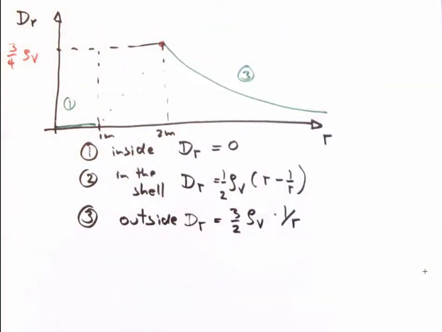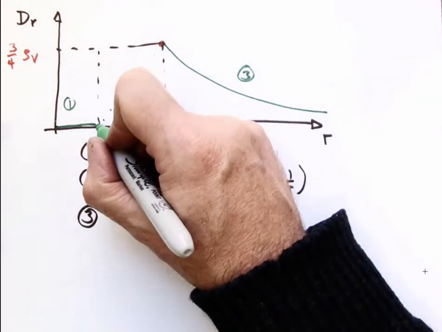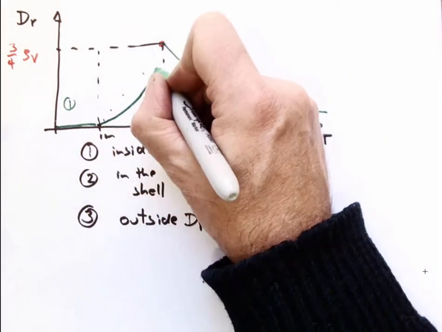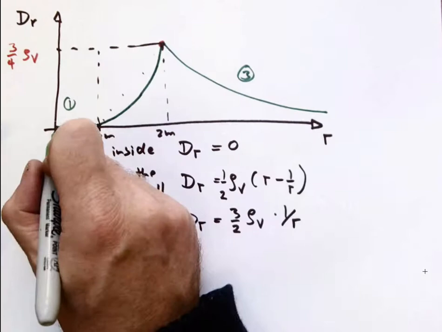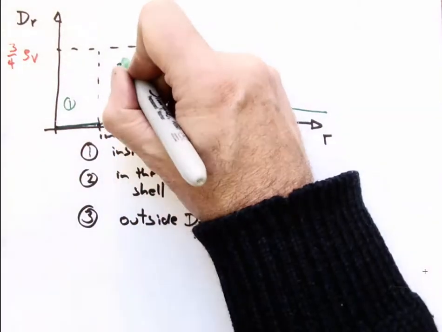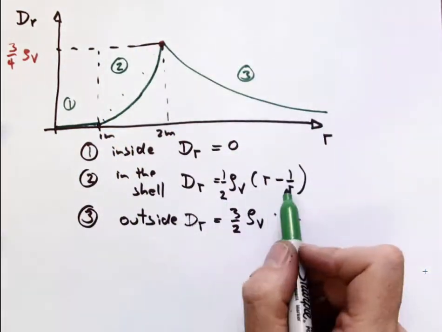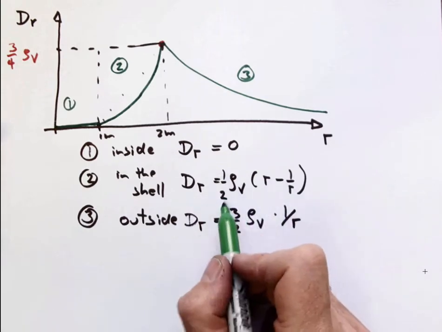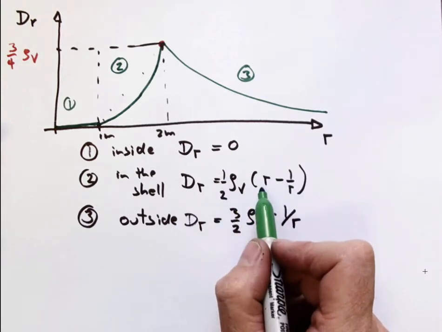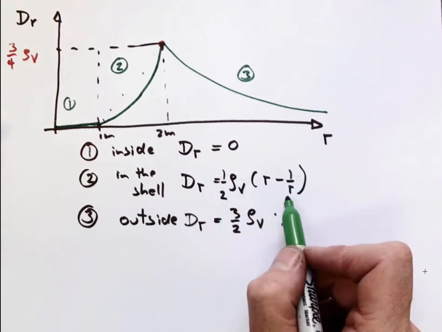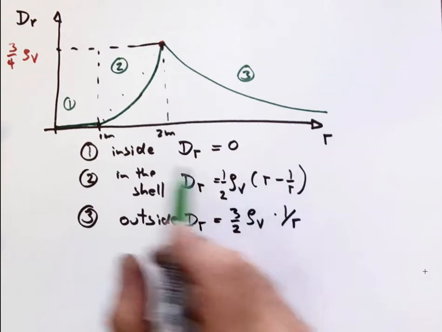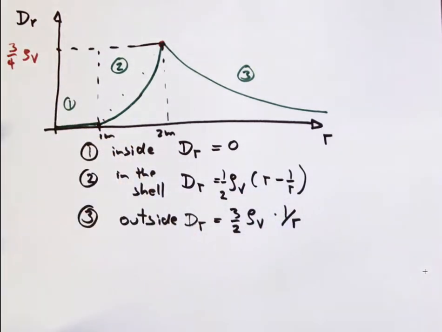So we find that over that region the field goes like that. And that's region 2. And if we substitute with 2 here, we have 1/2 rho v times 2 minus 1/2 is 3/2, so we also get 3/4 rho v. So this then completely solves our problem.